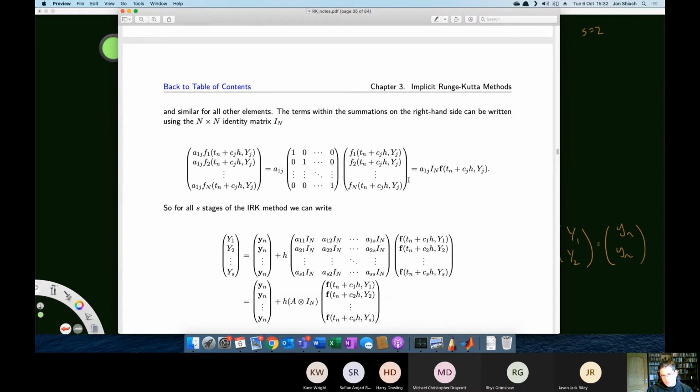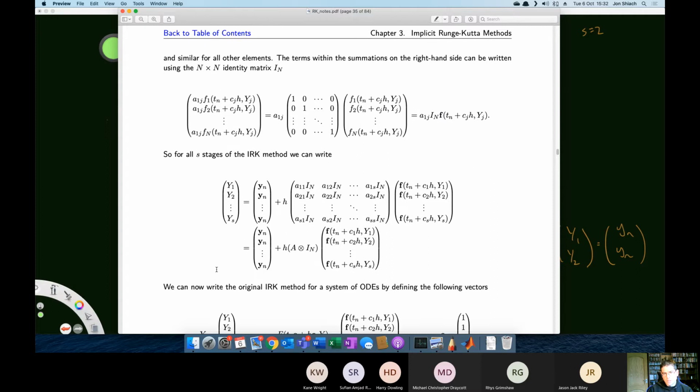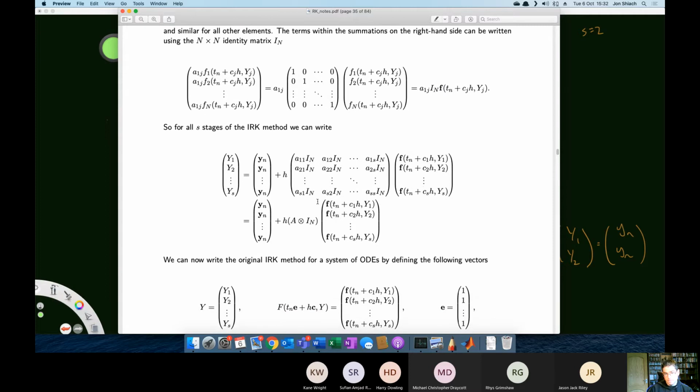Okay, so for our first row, this is for y1, we have that summation. For all other rows, for all y2 up to ys, we have this form.